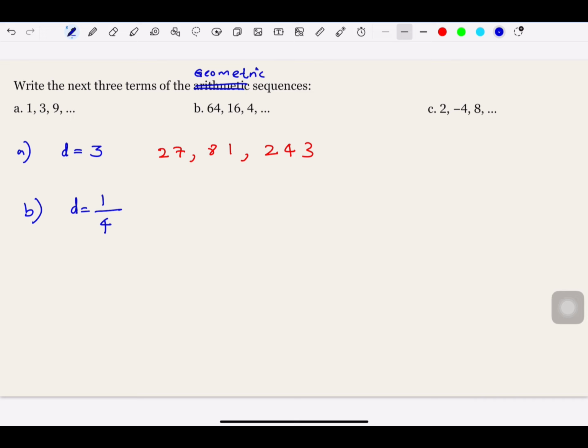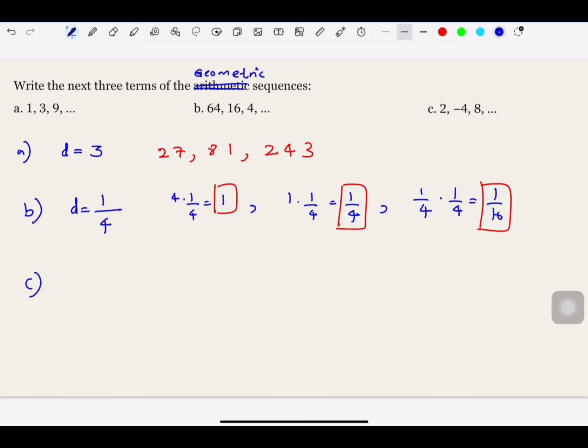So the next three terms: you multiply 4 by 1/4, which is 1. Then you multiply 1 by 1/4, which is 1/4. And the third term, you multiply 1/4 by 1/4, which is 1/16. So the next three terms are 1, 1/4, 1/16.